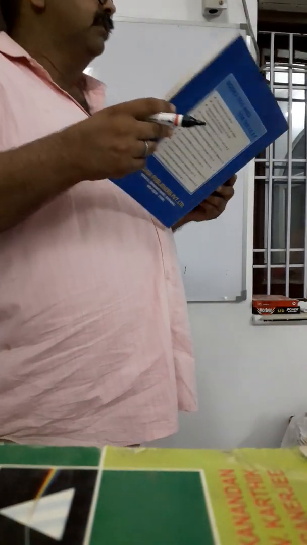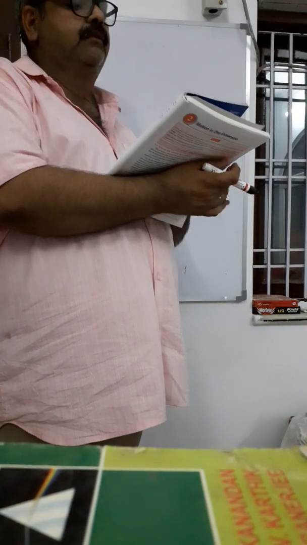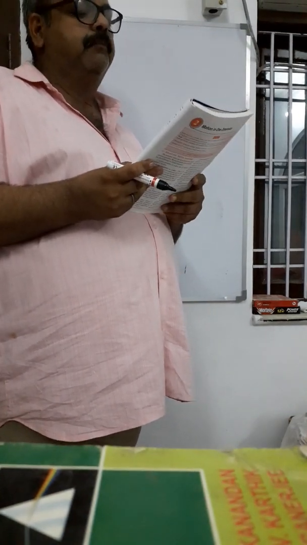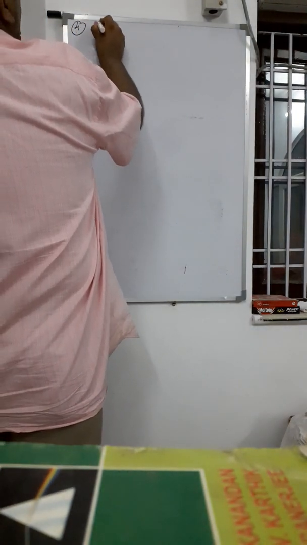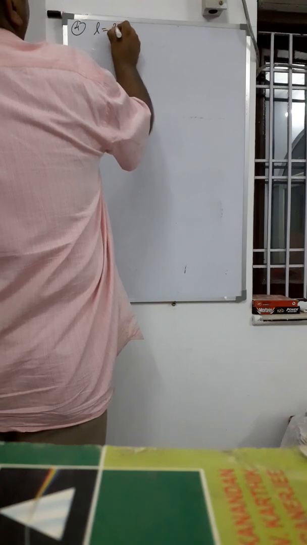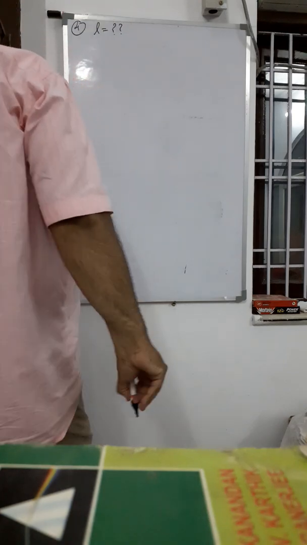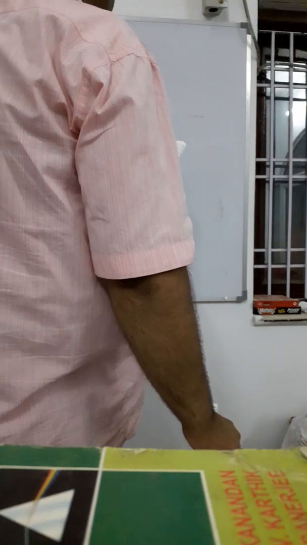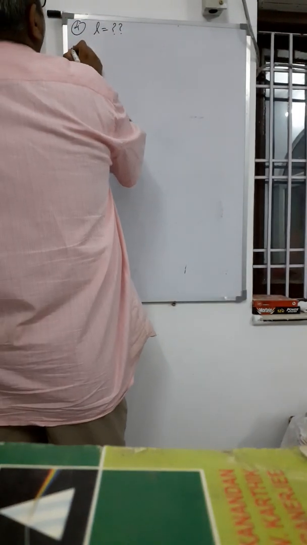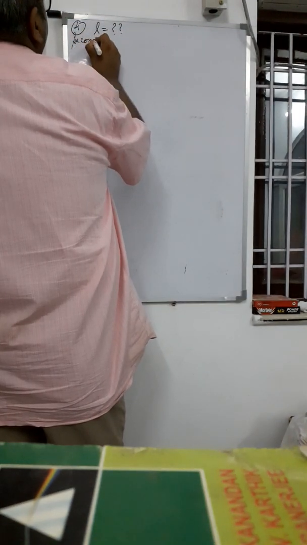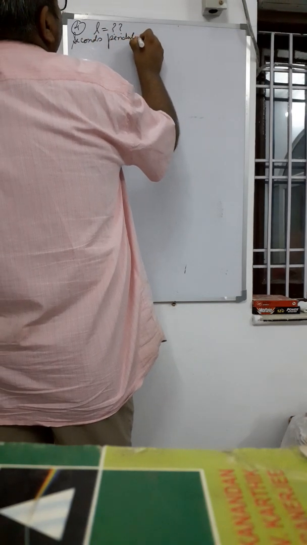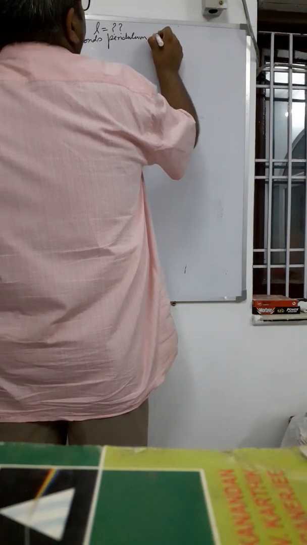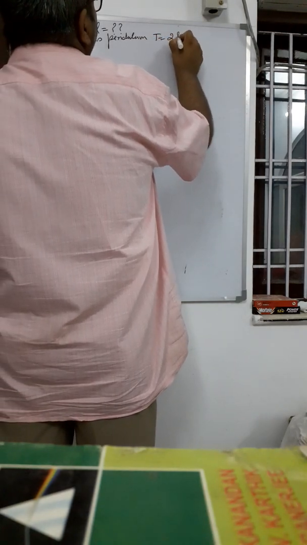Find the length of second pendulum at a place where g is equal to 10 meter per second square. We have to calculate the length, question mark. Find the length of second pendulum. Second pendulum, time period is 2 seconds. This is understood.